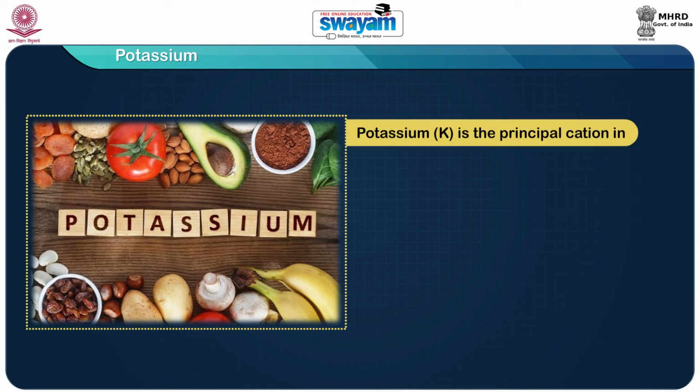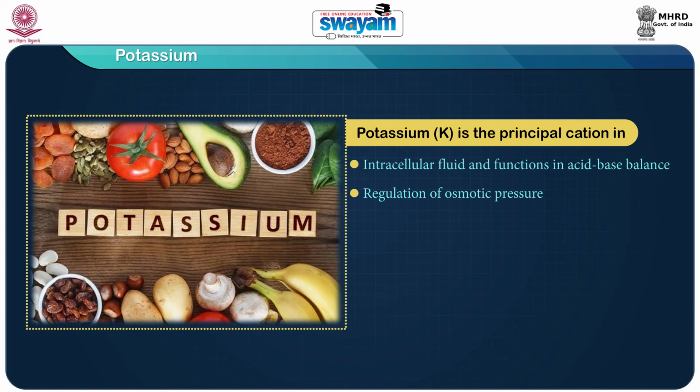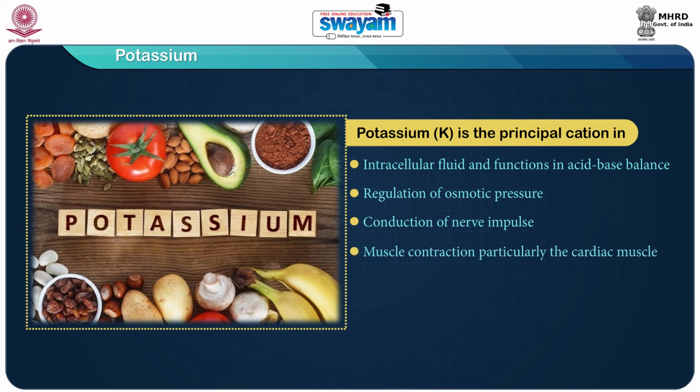Now, coming to the next macro mineral, that is potassium. Potassium is the principal cation in intracellular fluid, and it functions in acid base balance, regulation of osmotic pressure, conduction of nerve impulse, muscle contraction, particularly the cardiac muscle, cell membrane function, and sodium potassium ATPase.